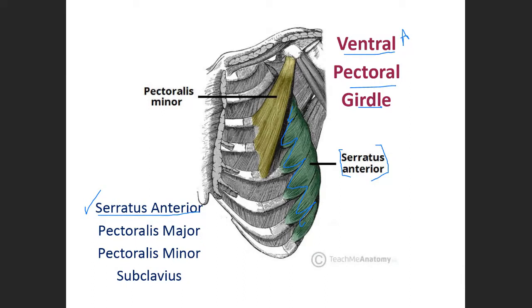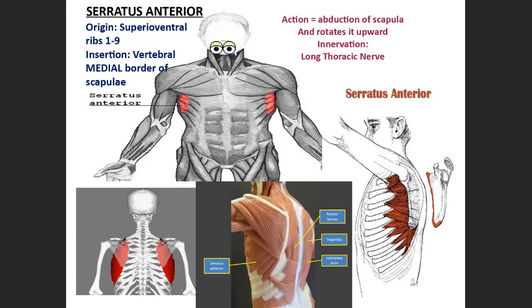We've heard about the pectoralis major and the pectoralis minor. There's a little muscle underneath the clavicle called the subclavius. So let's start with the serratus anterior. So this muscle is going to originate along the anterior ribs of rib number 1 to rib number 9.